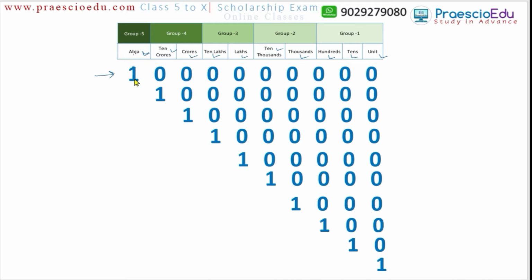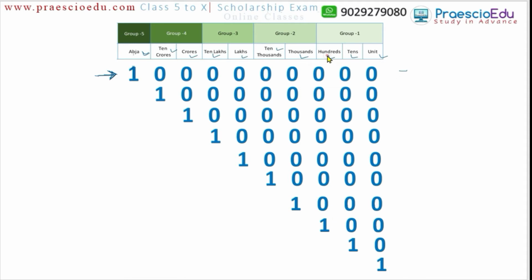Suppose 1 abja, this is exactly the place value of 1 abja. Suppose the face value at the abja place is, for example, 6, so 6 will be multiplied by the abja place value, so 6 abja will come. Like this, all are expanded.